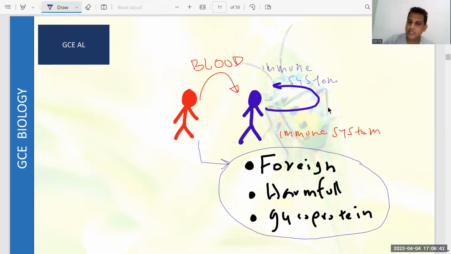If blood has anything which is foreign, which could be harmful, which could be glycoprotein-like, then the person's immune system activates to remove these things.